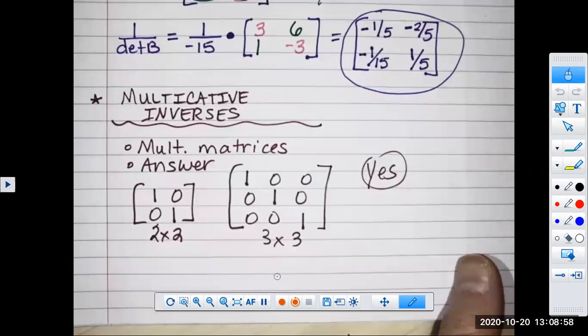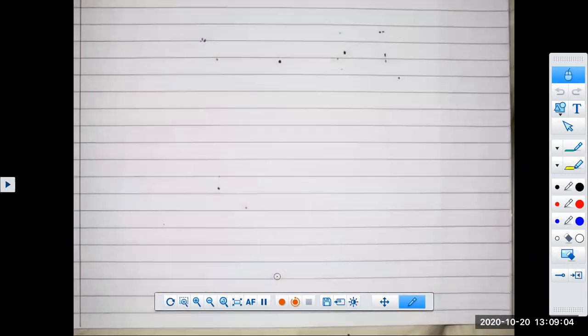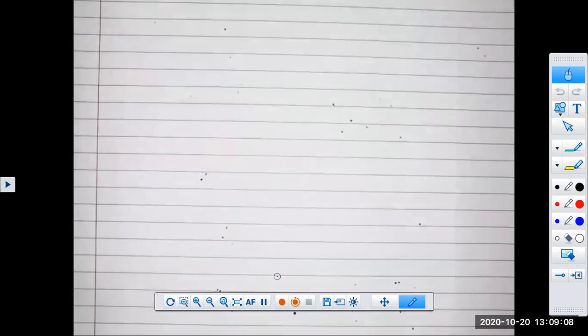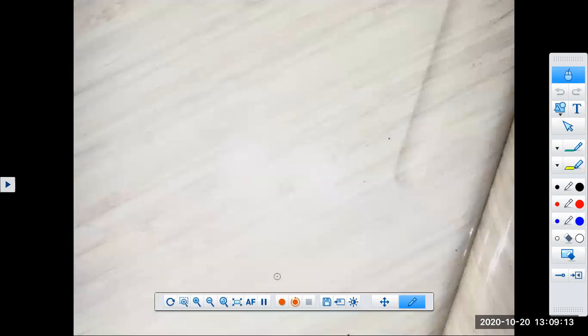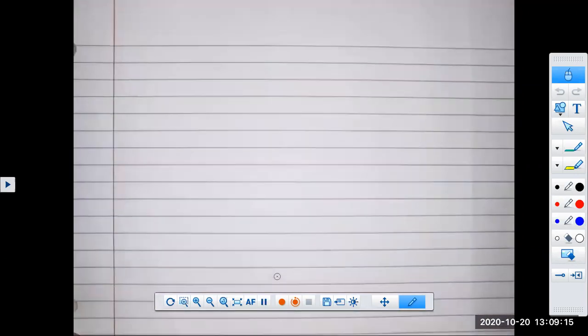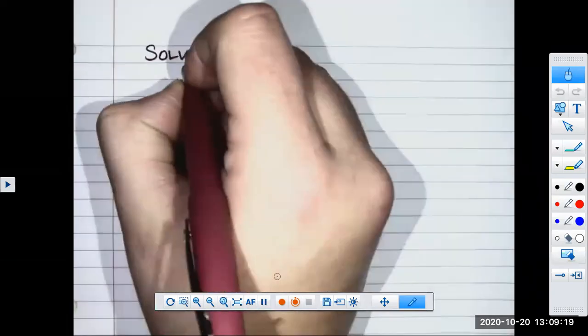So just be thankful you only have a 2x2 to find the inverse of right now. You should not have any questions that ask you to find an inverse of a 3x3.